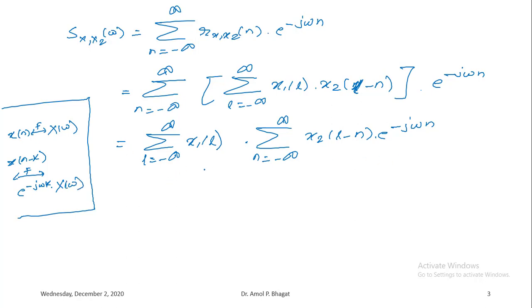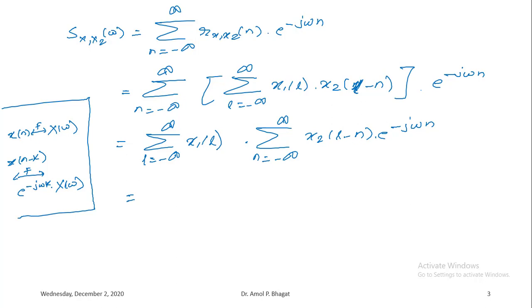So if you compare this equation with what we have here, as per the time shifting property, here it should be n minus L. Okay, so as the negative sign is there, it is basically minus of n minus L, right?